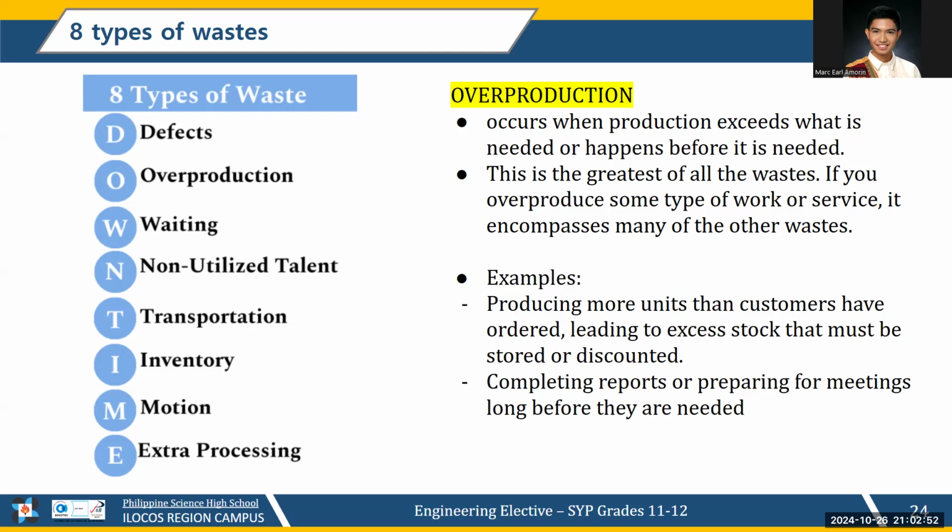An example of this: if you are producing more units than customers have ordered, ibig sabihin nun you have excess stock, and that excess stock must be stored or even discounted para mabenta mo lahat. Another example would be completing reports or preparing for meetings long before they are needed.